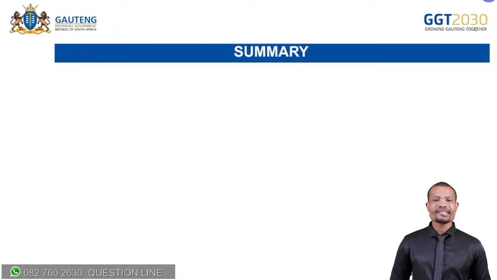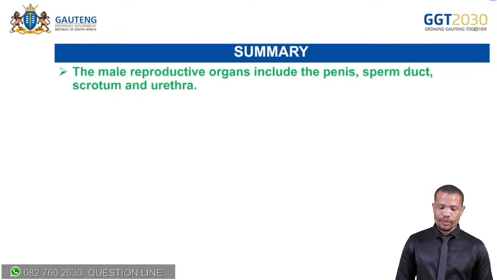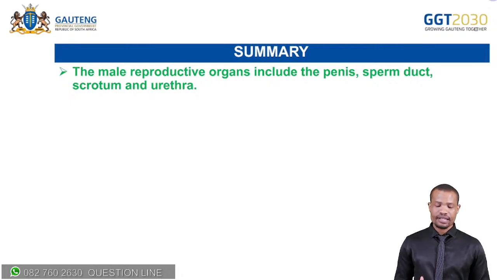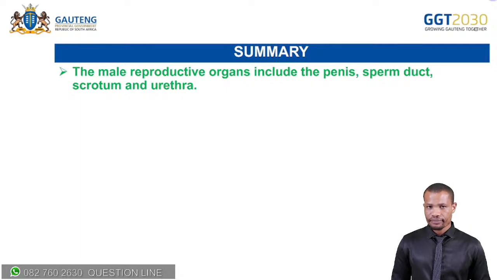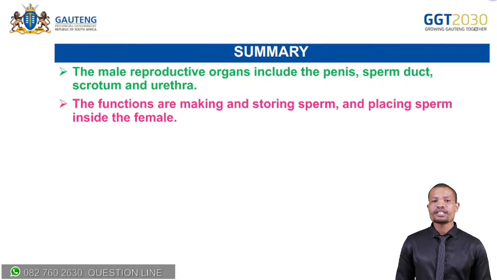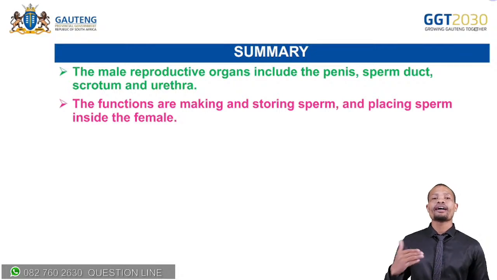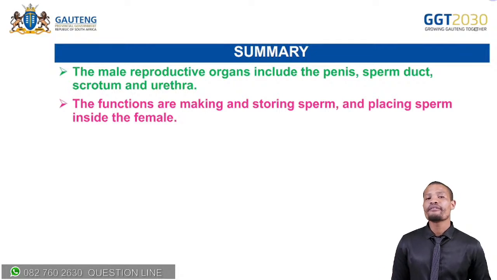Right, now let's summarize our lesson. We said that the male reproductive organs include the penis, the sperm duct, the scrotum, and the urethra. And the functions are the production and storage of sperm and placing the sperm inside the female vagina. Okay, so they make and store sperm, and they also put the sperm inside the female vagina.